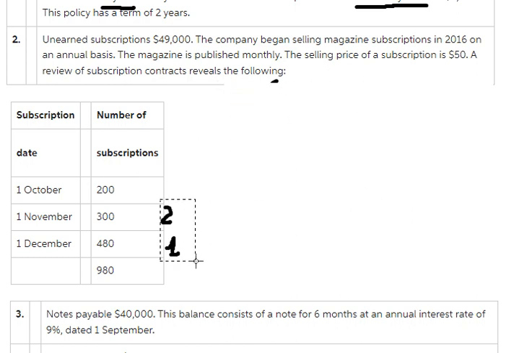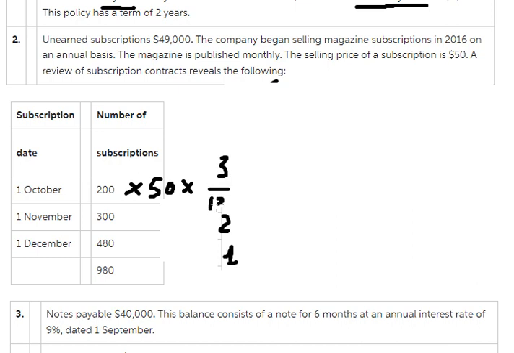So we need to know that at the end of the year we need to adjust this one. The price for 1 unit is about 50 US dollars, and we have 3 over 12. That means we have 3 months out of 12 months, and 12 months is 1 year.